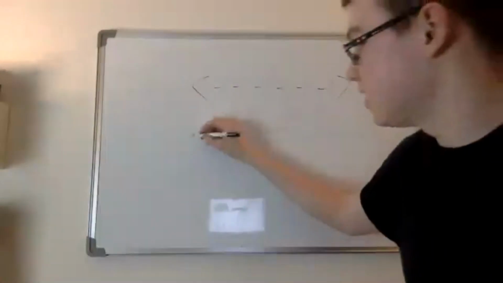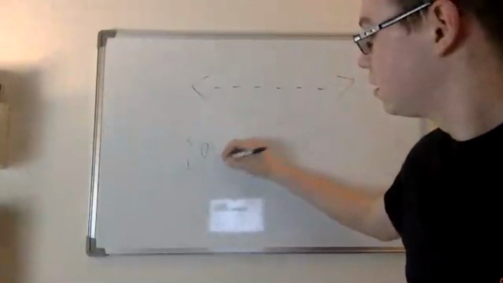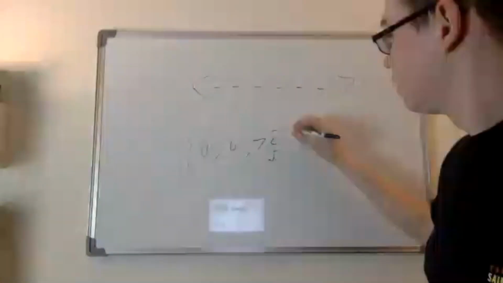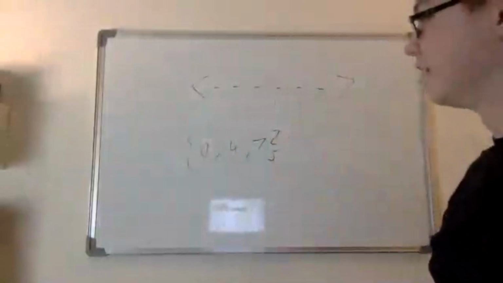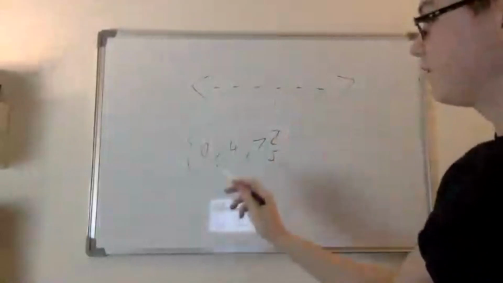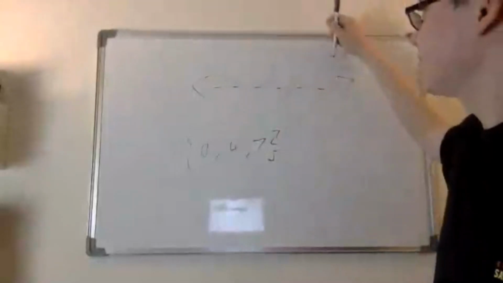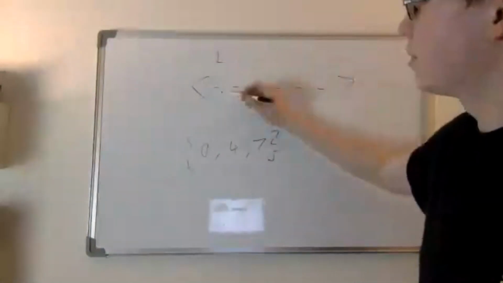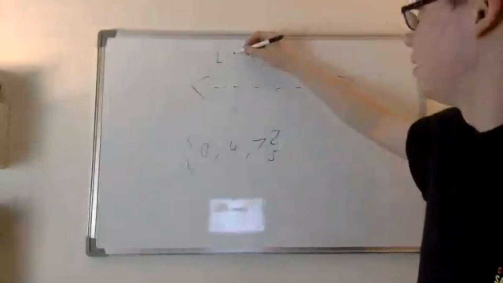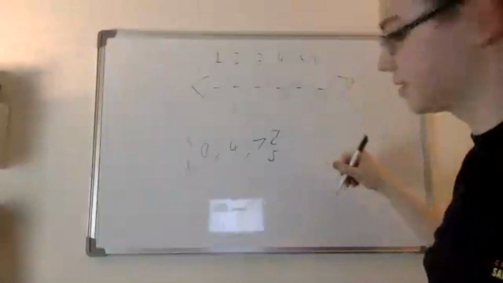So again, looking at our major triad. If I want to construct the interval vector of this triad, I have to look at what types of intervals are in it. The way you read this vector is that each place is the number of intervals of a certain size: the number of intervals of interval class 1, interval class 2, 3, 4, 5, and 6.